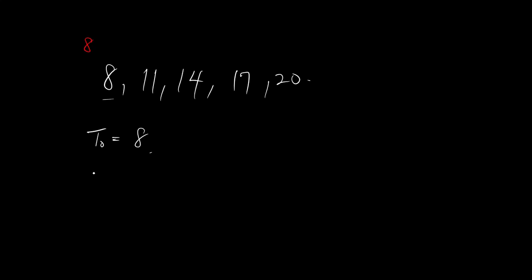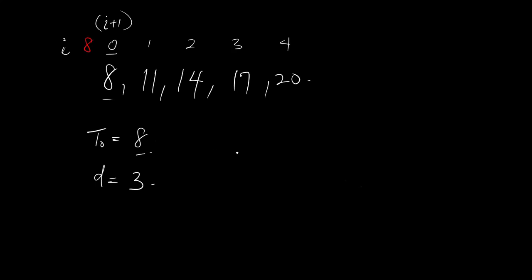The second, since the first term is 8, the difference between them is, and this is an arithmetic progression, so the difference is 3. So now let's say we're still using i. Now our i starts from 0, 1, 2, 3, 4. We want it to start from 1, so it will be i plus 1.